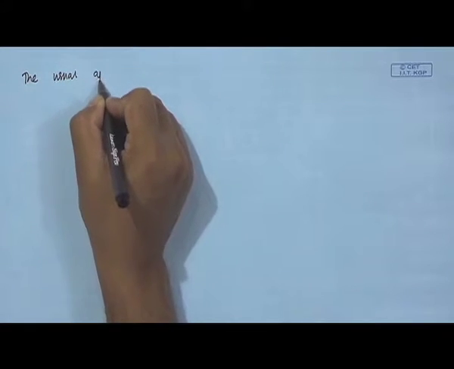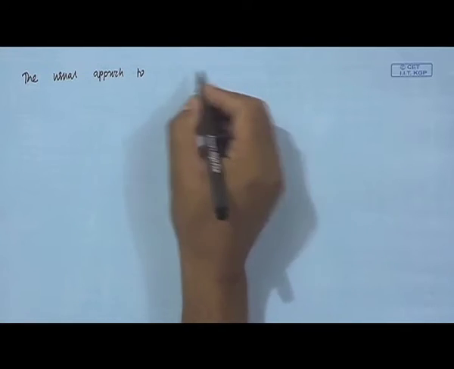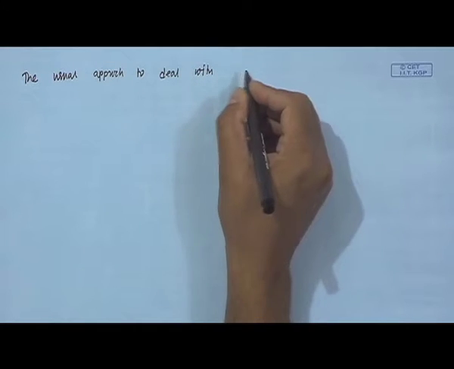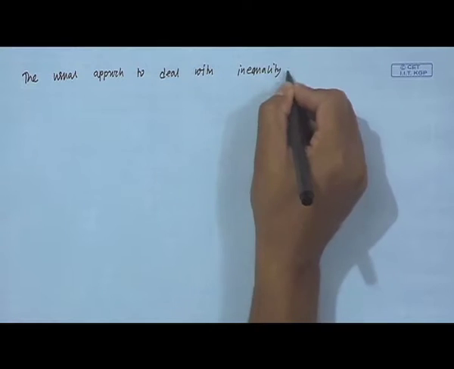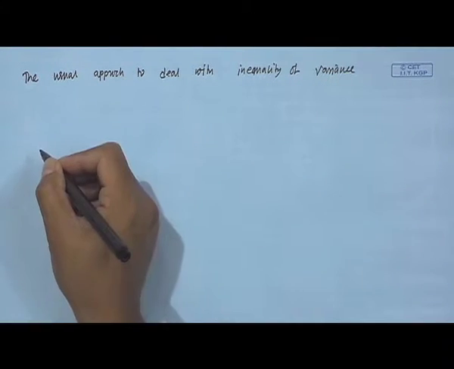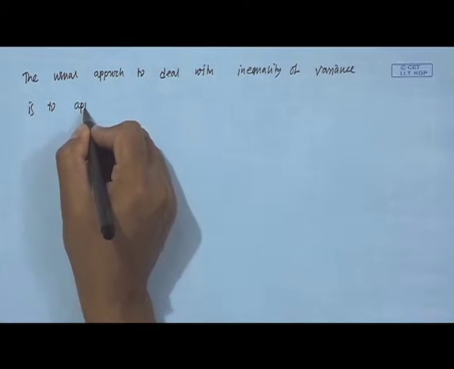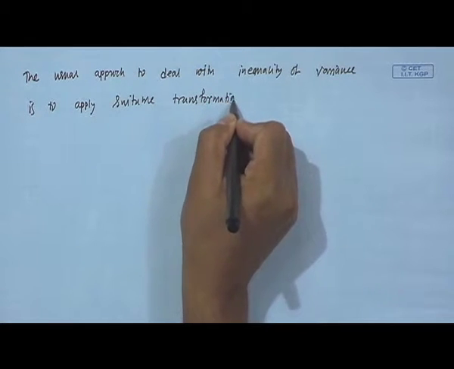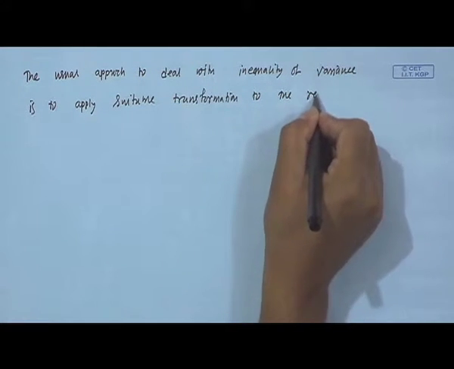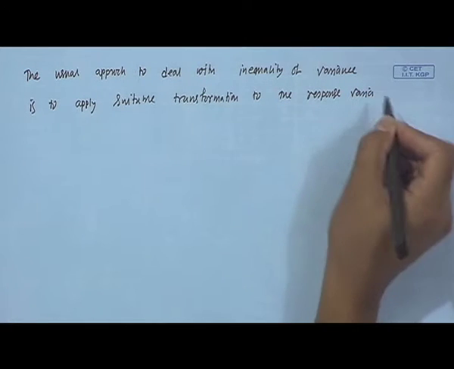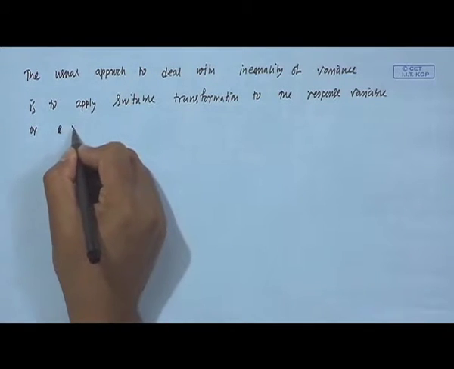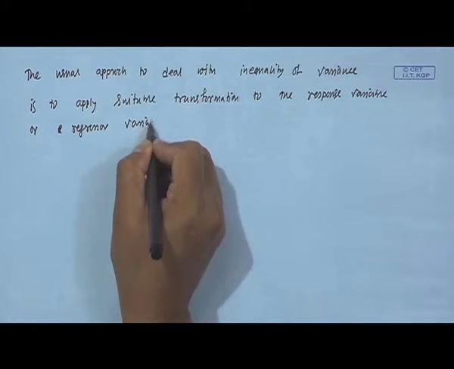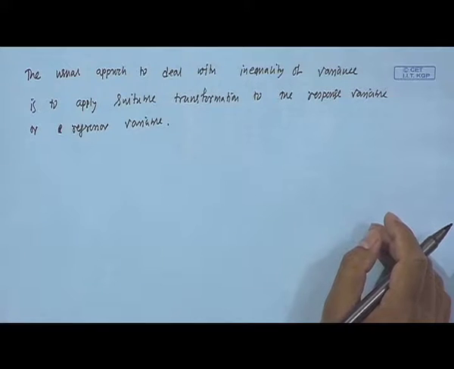So, the usual approach to deal with inequality of variance is to apply a suitable transformation to the response variable or regressor variable. Okay. So, first we will talk about the variance stabilizing transformations.